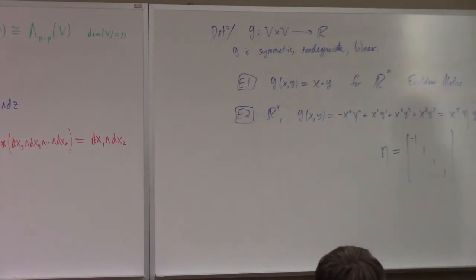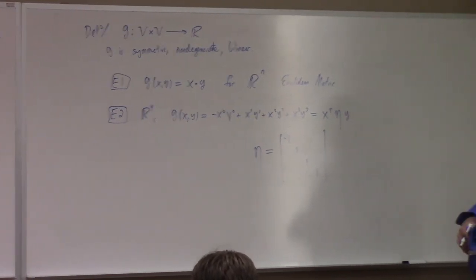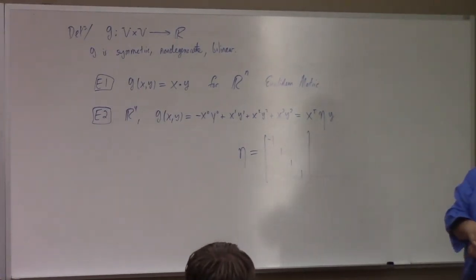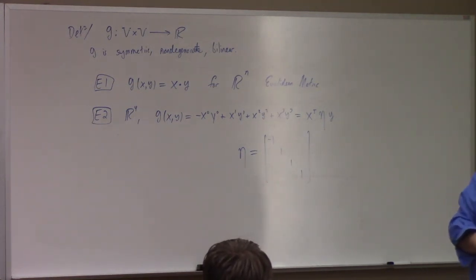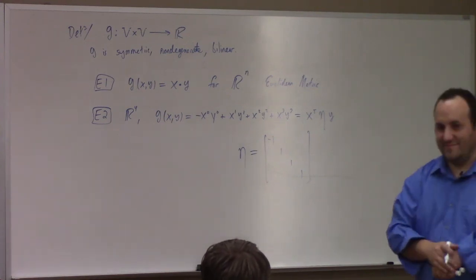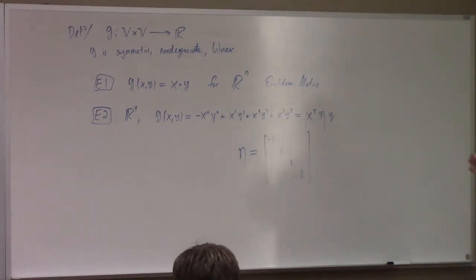Non-degenerate means that the matrix is invertible, which is a much weaker condition than positive definite. For example, with this we can have a vector which with itself the metric gives us back 0, and yet the vector is non-zero. There are null vectors possible. For example, the vector 1, 1, 0, 0 has g of that vector with itself being 0, and yet it's not the 0 vector. Anyway, this is the Minkowski metric.